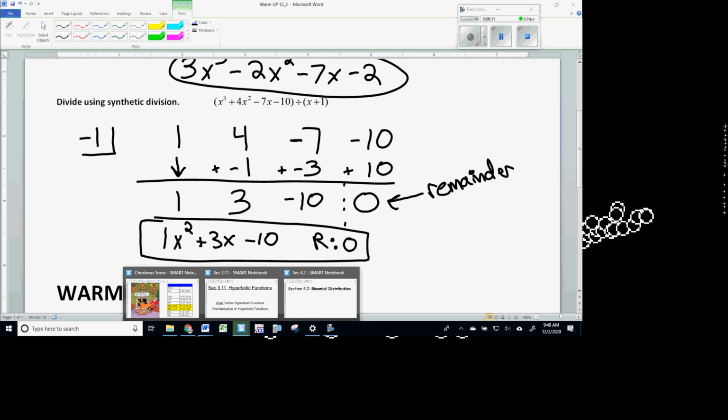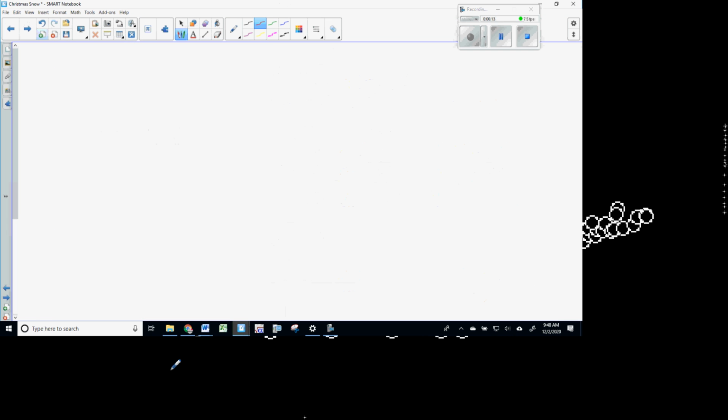Let's deal with numbers for a second. Do a really simple one, right? Let's just pick a number, 18. Is 2 a factor of 18? Yes, right? All of you know the factors of that. So it's a factor.